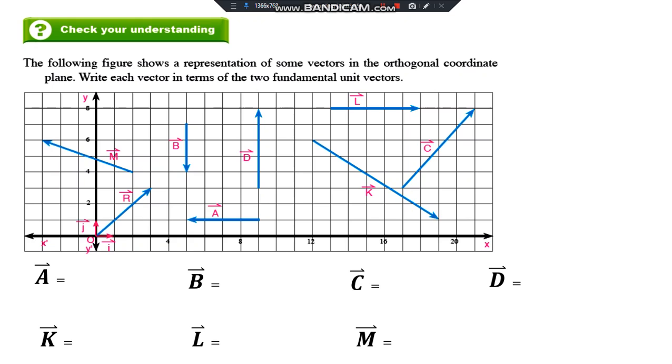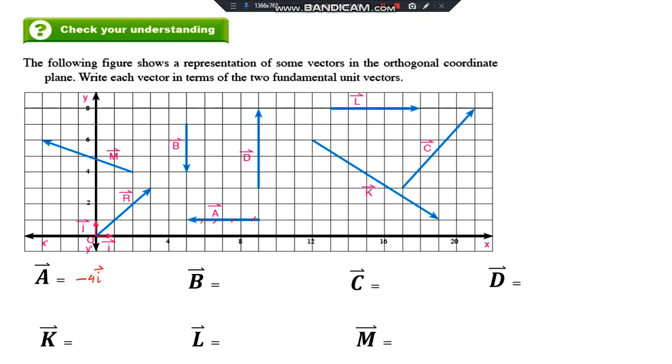So the first one, A: the positive direction of i is the positive direction of the x-axis, and j is the positive direction of the y-axis. The direction of A is negative, so it will be negative 4i because we move 4 units left. So we have 1, 2, 3, 4. So negative 4i.